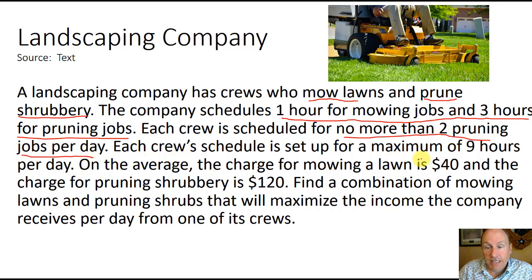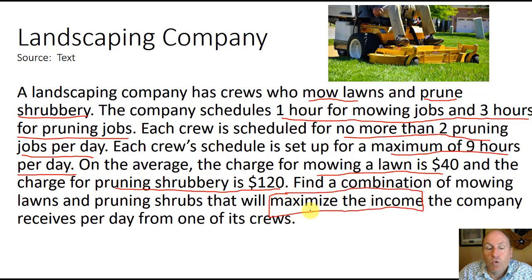Each crew's schedule is set up for a maximum of 9 hours per day. And on average, the charge for mowing a lawn is $40, and for pruning shrubbery, it's $120. And we're tasked with finding a combination of mowing and pruning that will maximize the income the company makes in one day for one of its crews.